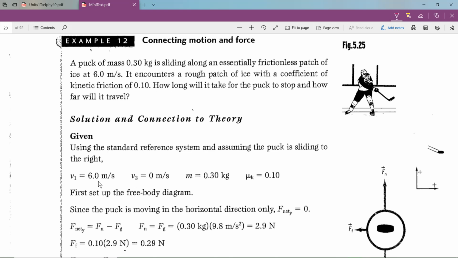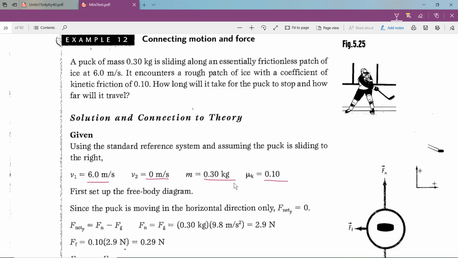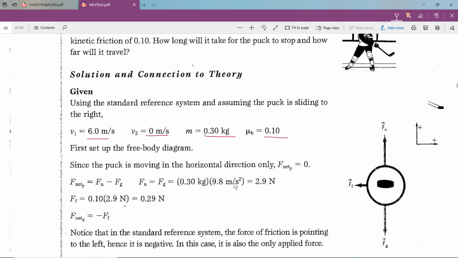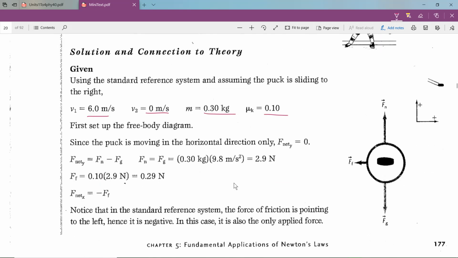Okay, so it starts at 6 meters per second. Now we want to know how far it travels, so when does it stop? It stops at 0 meters per second. The mass of the hockey puck is 0.3, and once it encounters the rough ice, it starts to feel friction, 0.1. So still not lots, but it's a bit. What kids get tripped up on is the free body diagram, because they think that the person's hit the puck, so there has to be a force going to the right.